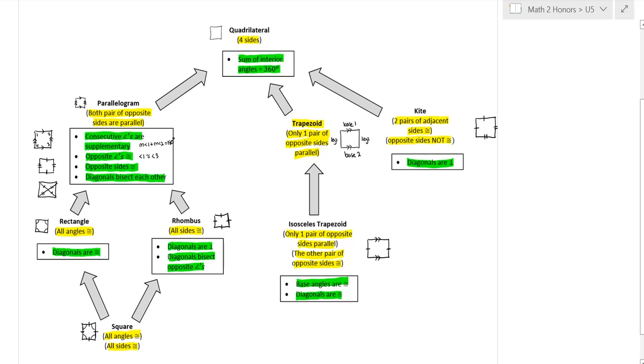Because if you've already memorized the parallelogram and the 4 properties that go with it, then when you get to the rectangle, you only need to memorize 1 more property, because you know that the 4 properties that go with the parallelogram also apply, if you knew that relationship.